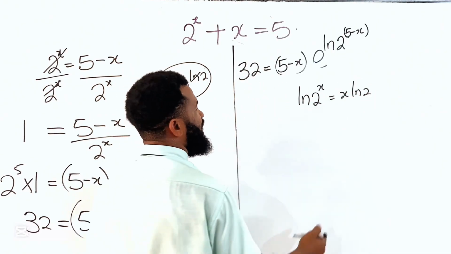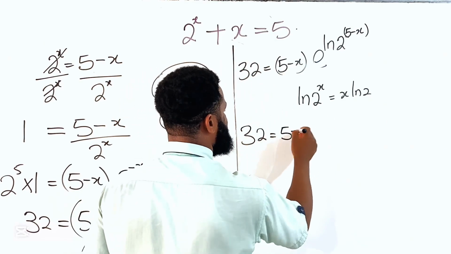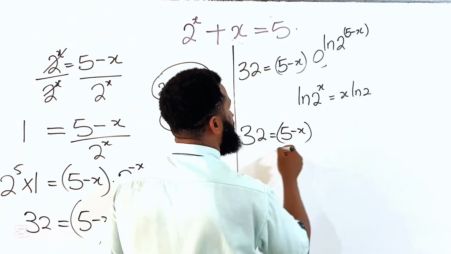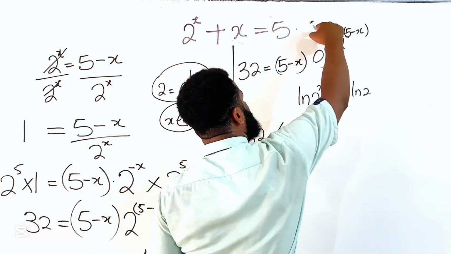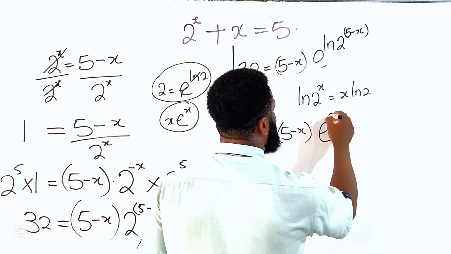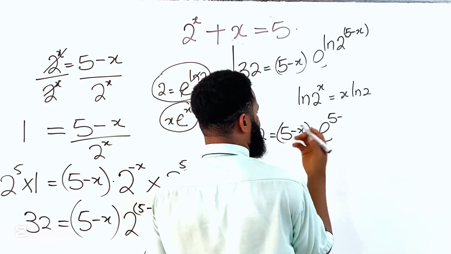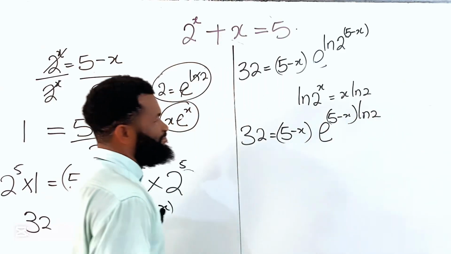So that means I'm going to rewrite this. I'm going to have 32 is equal to e raised to the power 5 minus x. So the one on top is coming to multiply the log. It's a normal power law of a log. So I'm going to have e raised to the power 5 minus x ln 2.